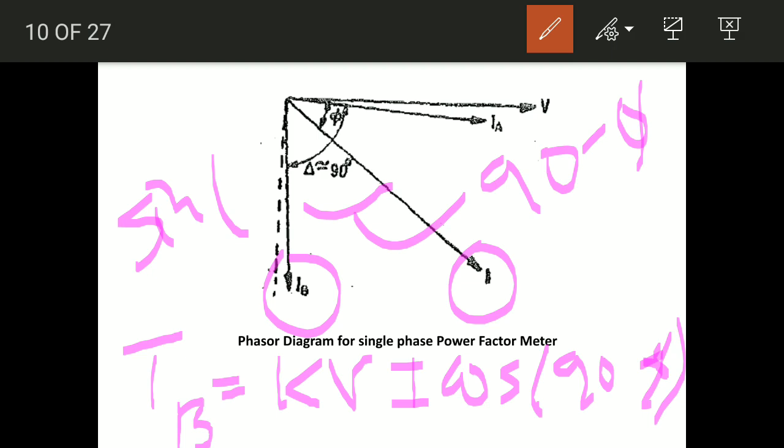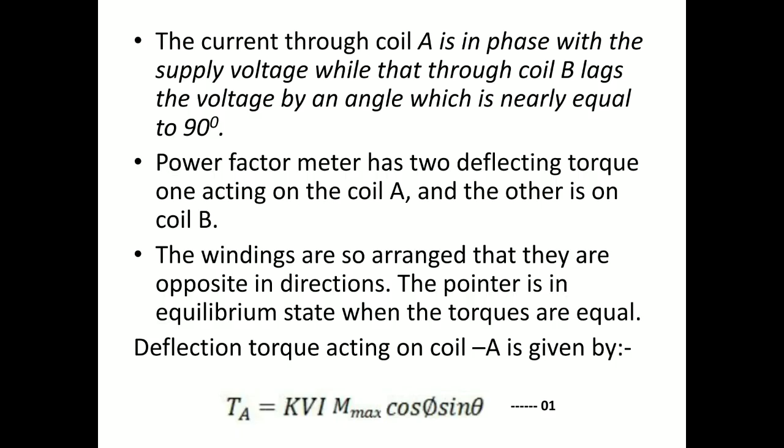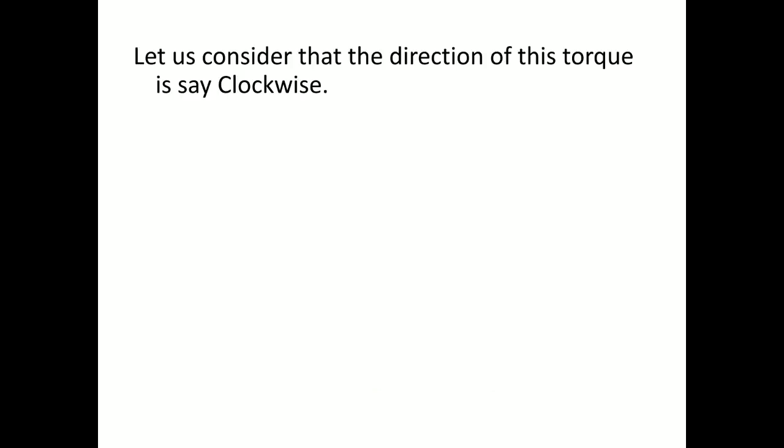We have already calculated this value as theta plus 90 degrees. So using that logic, the deflection torque acting on coil A is represented by equation number 1. Let us consider that the direction of this torque is in the clockwise sense.